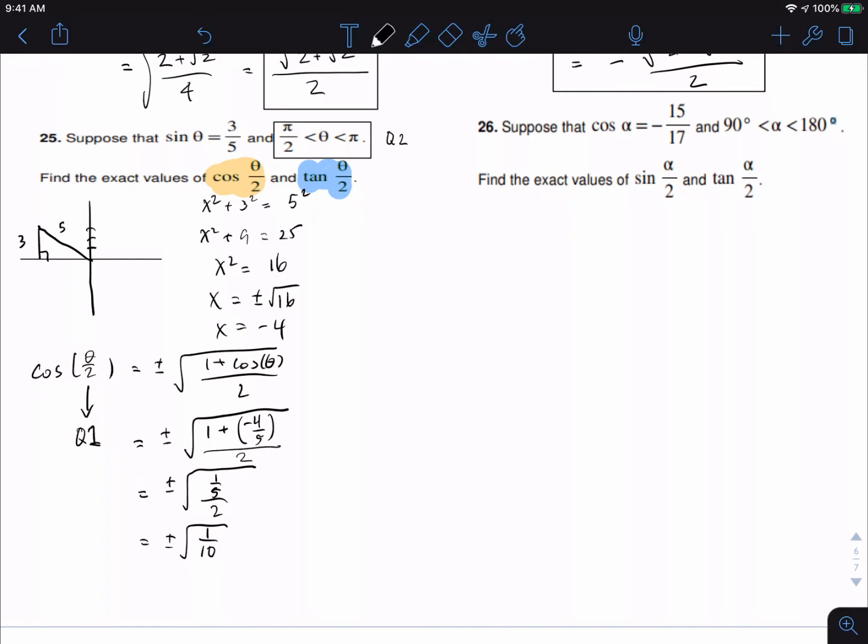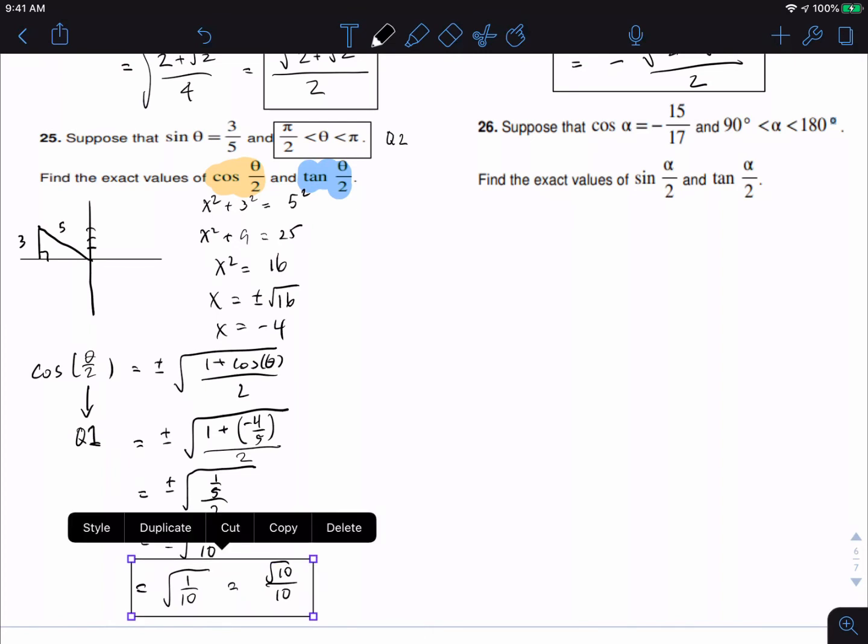And like I said, we're in quadrant 1, so it is the positive case. And then we can leave it like that, or you could rationalize it. If you rationalize it, it's radical 10 over 10, and it is positive. Either one of these will work for you. Okay?